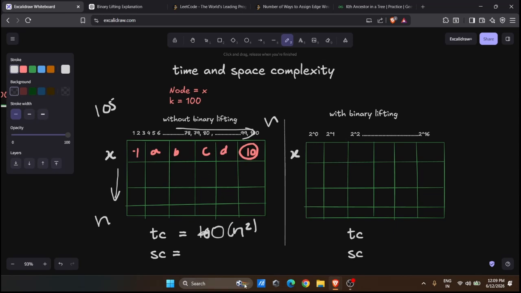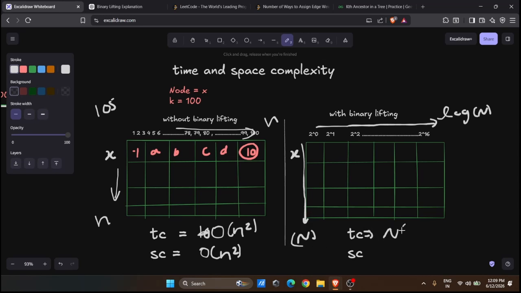The space complexity is also the same because we are creating an ancestor table of n squared size. With binary lifting, we iterate up to log n and create n sequences, so it is O(n log n) time complexity, and the space complexity is also O(n log n).